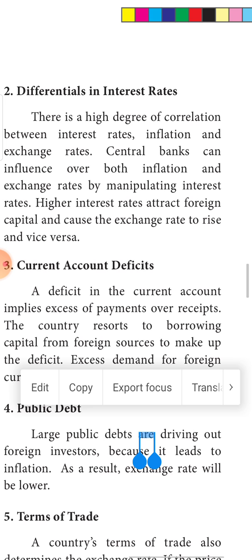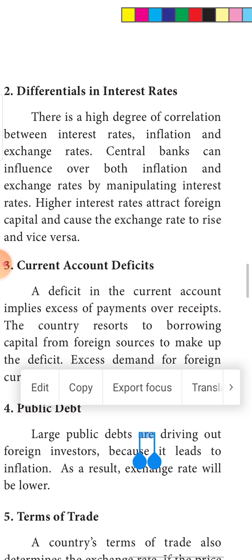As a result, exchange rate will rise. When the rate of interest is high, foreigners are getting a good price for their capital. Automatically, it will attract more foreign exchange. When more foreign exchange is attracted, what will happen? Money supply in India will increase. Automatically, price will increase. In fact, this is a tool for equalizing the disequilibrium also.